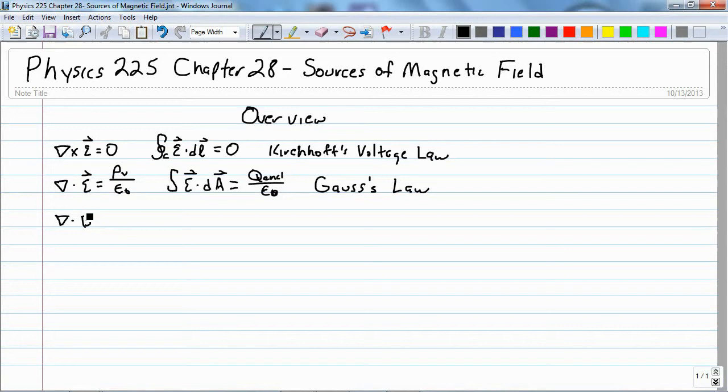Divergence of the magnetic field is equal to 0, which means that there's no net flux, and this also means that there's no magnetic monopoles.